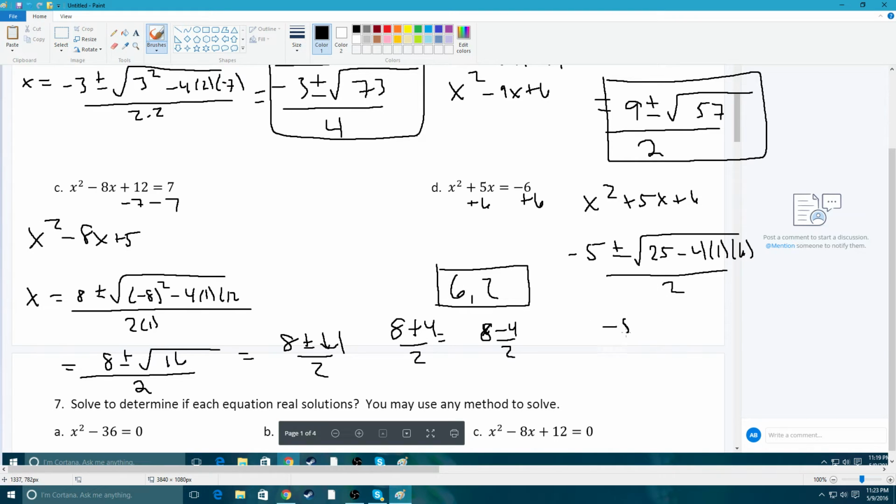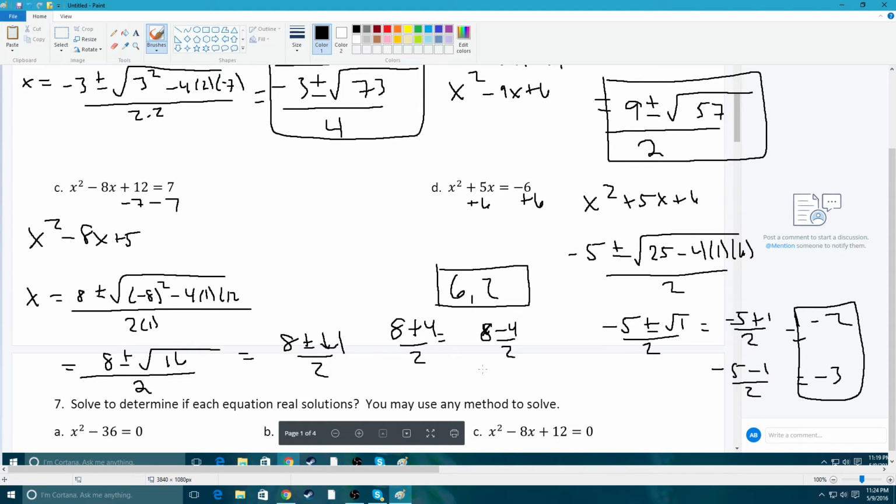So that's negative 5 plus or minus the square root of 1 over 2, or negative 5 plus 1 over 2 and negative 5 minus 1 over 2, which comes out to negative 2 and negative 3. Those are both your answers for part D.